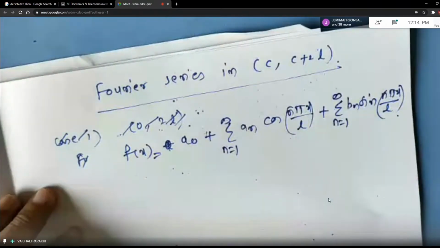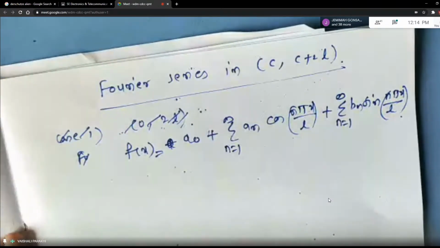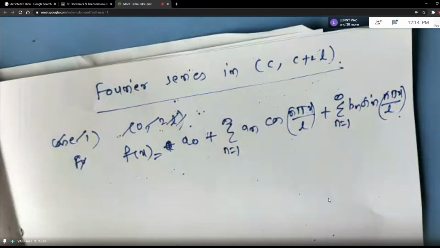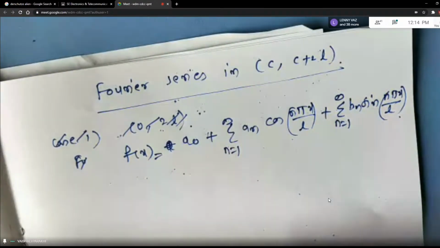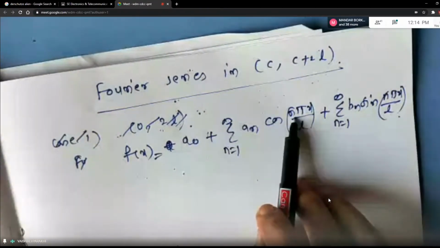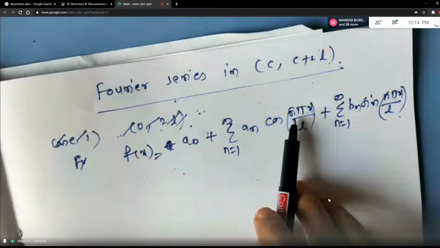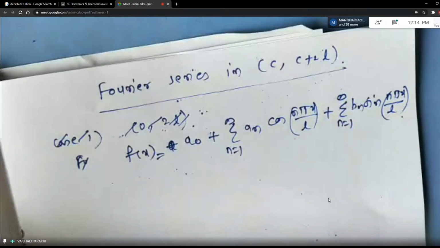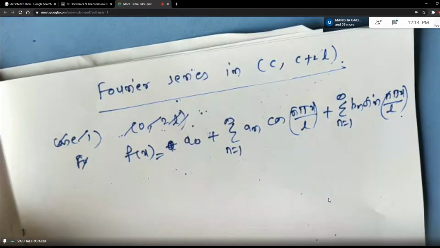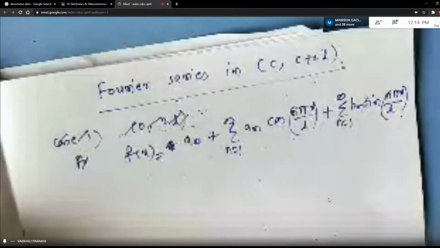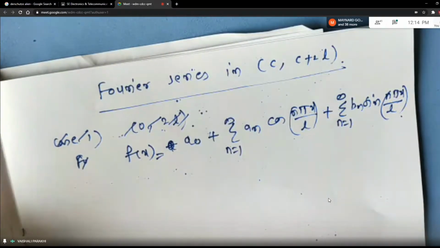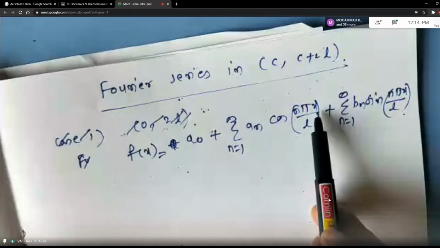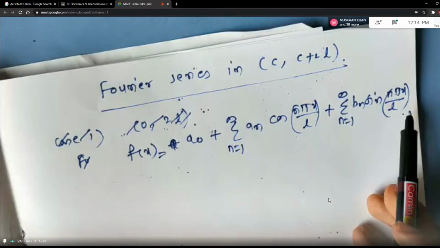Now can you tell me what is the difference between this Fourier series and the previous Fourier series when the limits were in terms of pi and 2 pi? There we had only cos of nx, sin of nx.